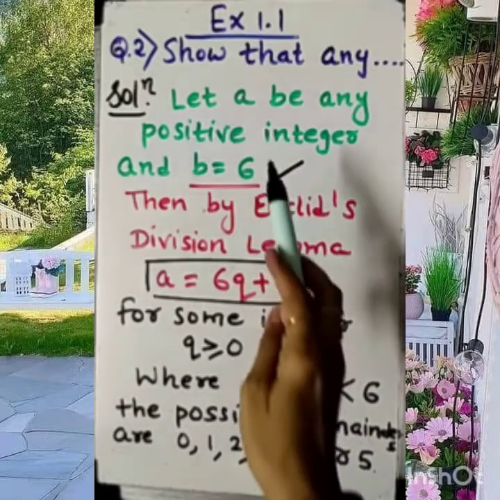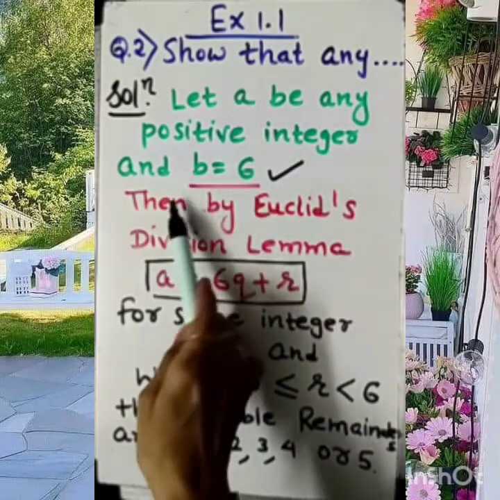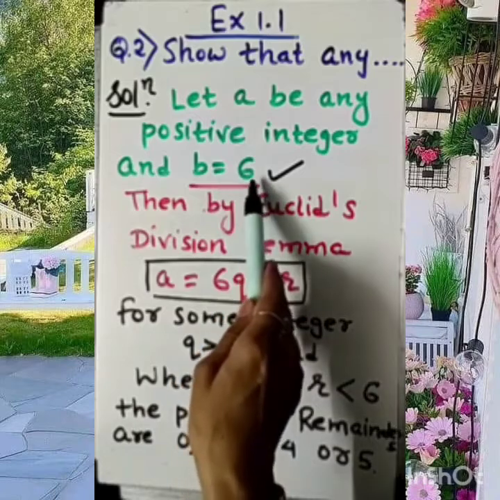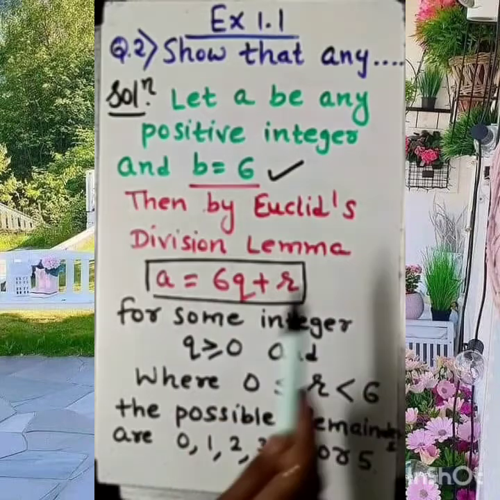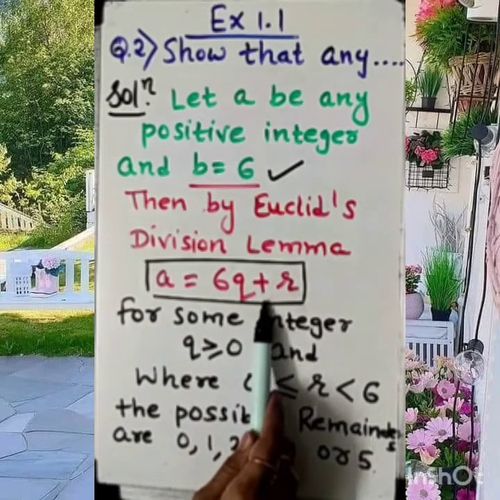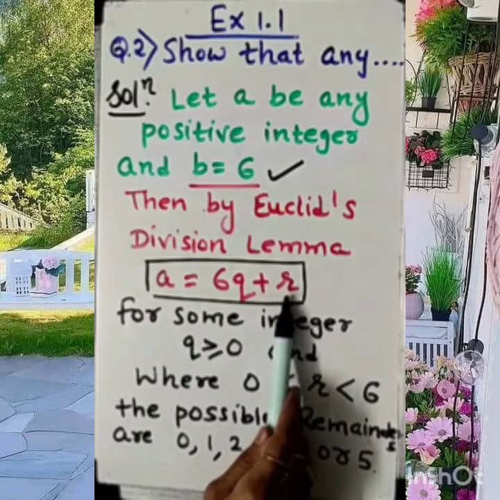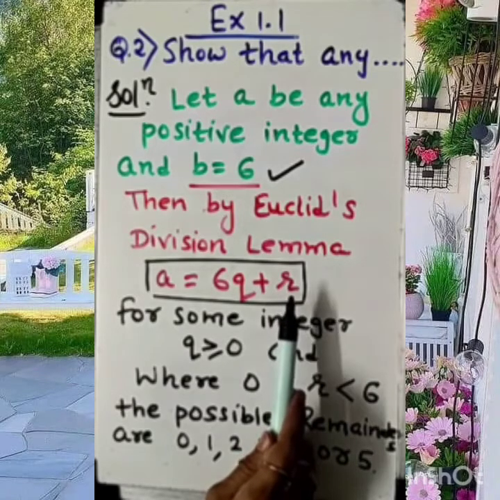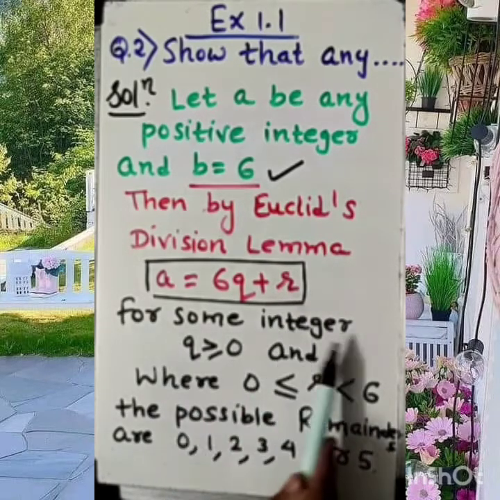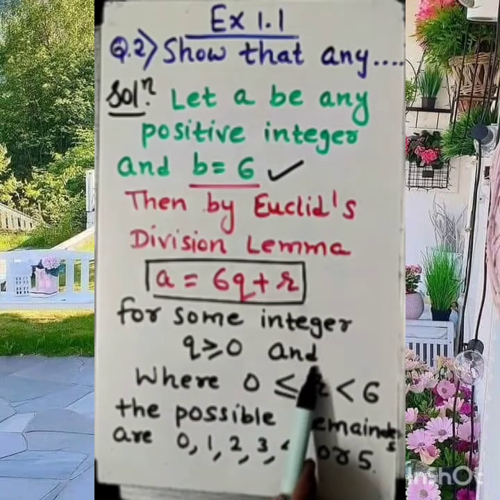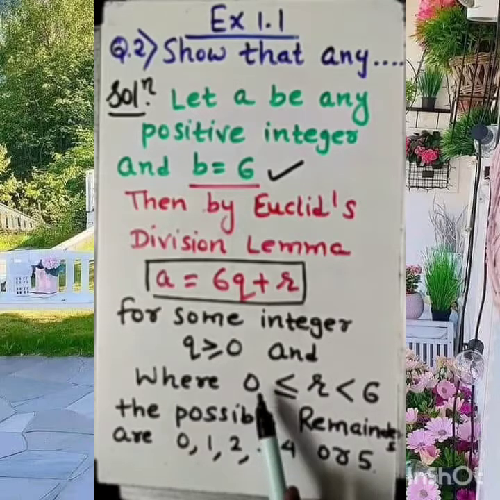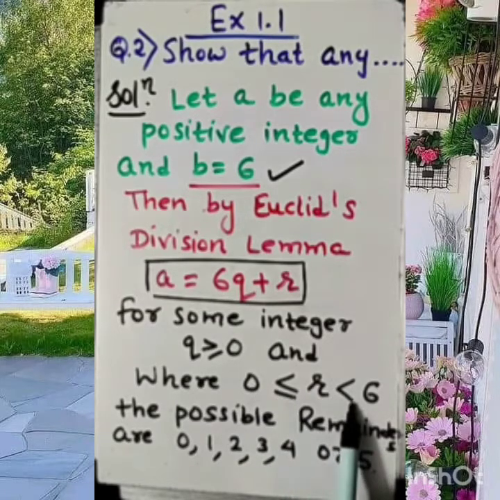Once again, I am explaining here. A is a positive integer and B equal to 6. Then Euclid's division lemma says A equal to 6Q plus R, for some integer Q greater than or equal to 0, and we know the condition 0 less than or equal to R less than B. B is 6 here.